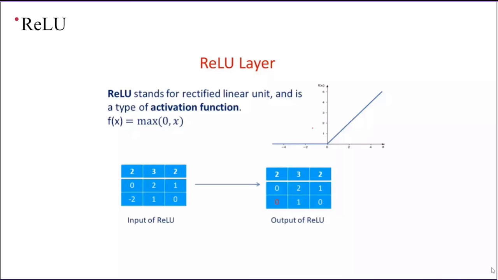rectified linear unit. Whatever the input is, if it is less than or equal to 0, it is considered as 0. If it is greater than 0, it is considered to be that value.